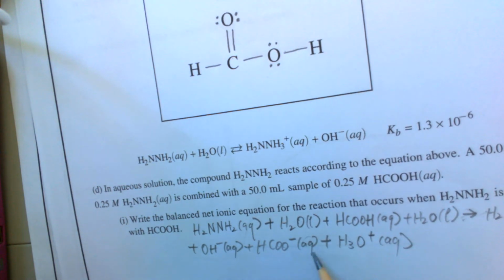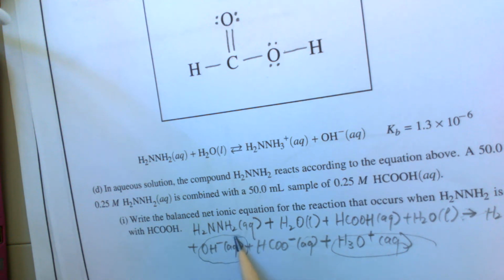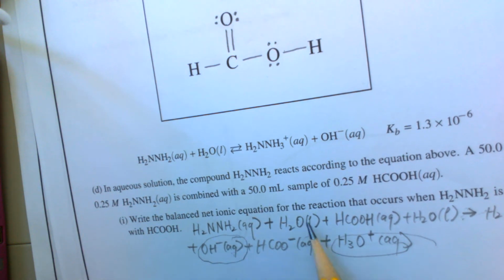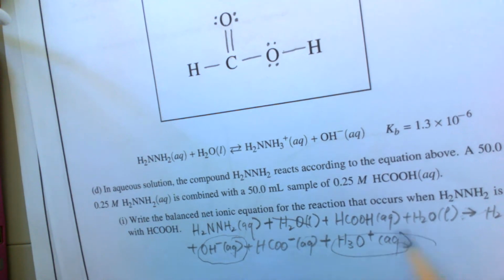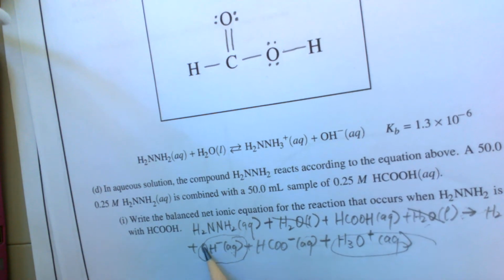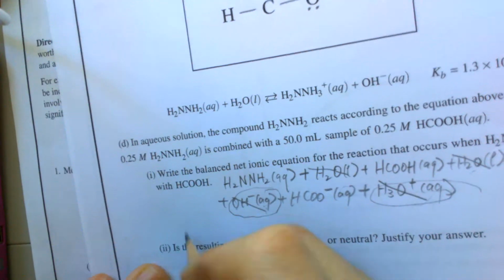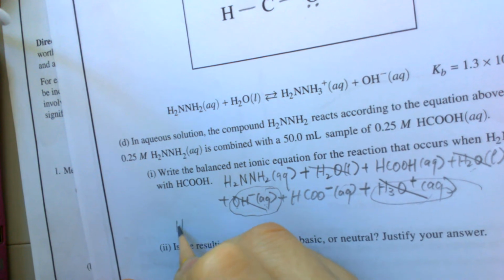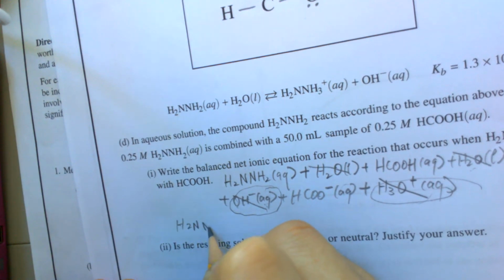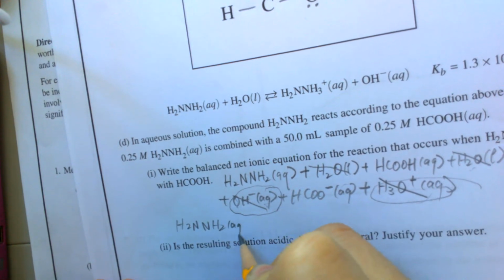As we know, H3O plus and OH minus combine to form 2 moles of water, and it should cancel with these 2 moles of water in the front. So the net ionic equation is simply H2 and H2 aqueous.